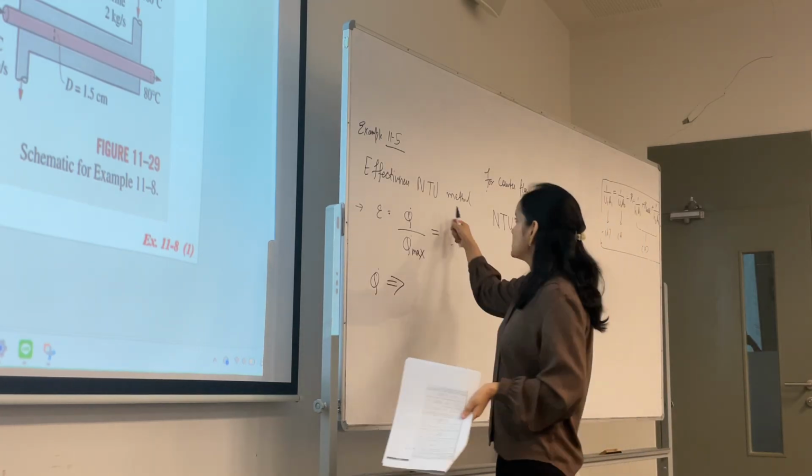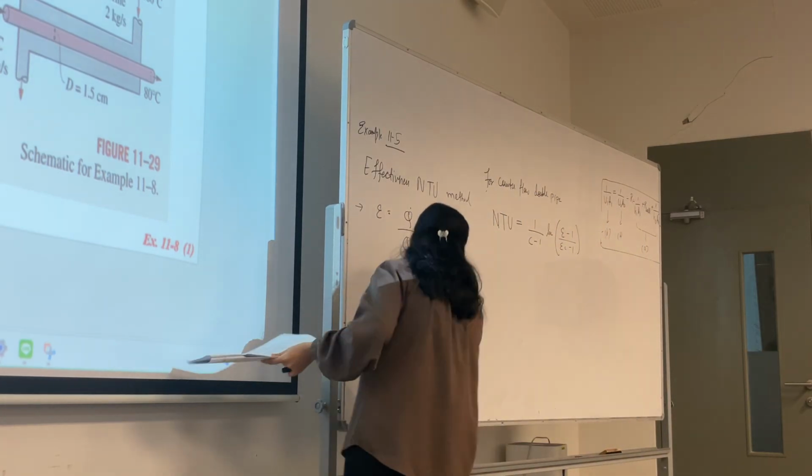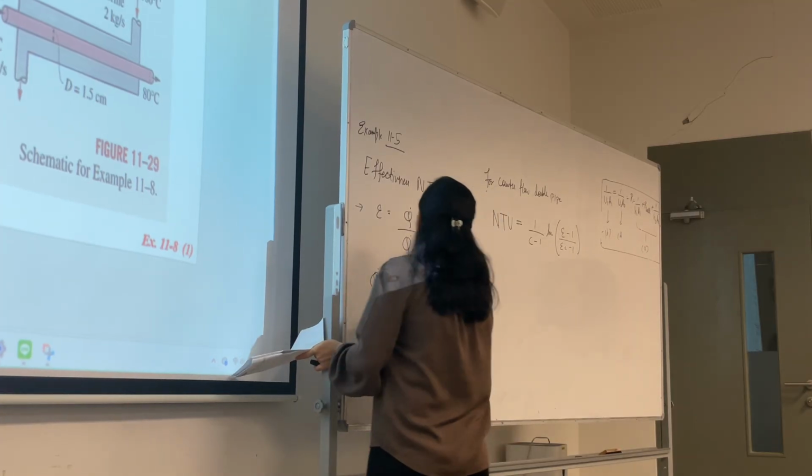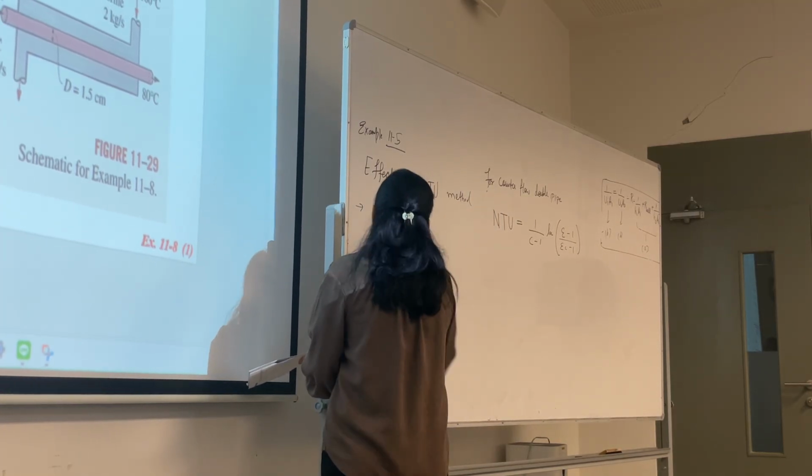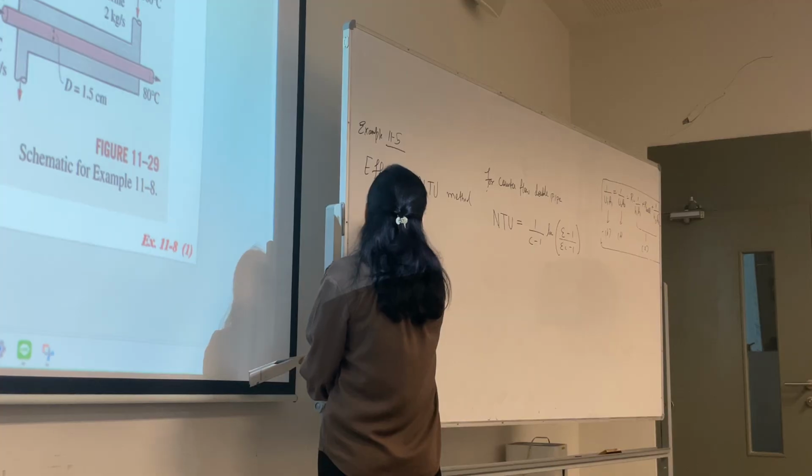Okay, so the effectiveness-NTU method. First, what I'm writing here, you need to know these non-dimensionalized values. First is epsilon.